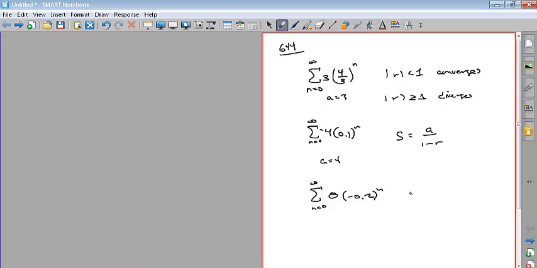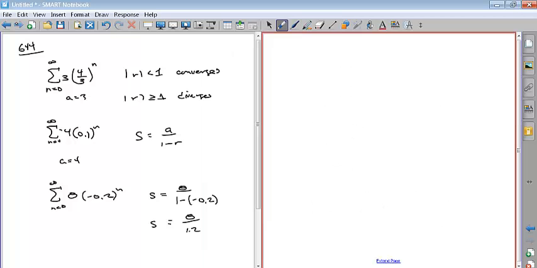So it would converge, and the value it would converge to is 8, which is A, divided by 1 minus negative 0.2. So that would be S is equal to 8 divided by 1.2, whatever that is. So that's geometric series. Then you have p-series a lot.